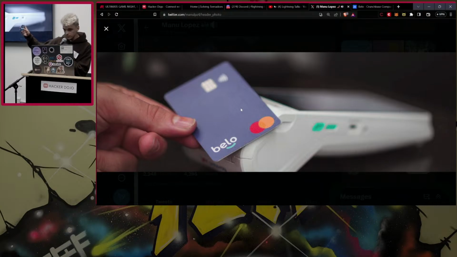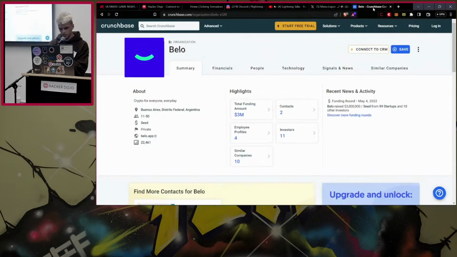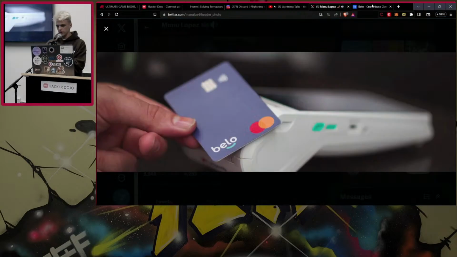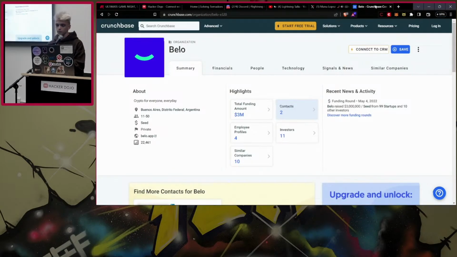That's the card. And we raised $3 million last year. But because of some differences with my co-founders, I left the company and I'm here looking for the next step, because I think I already solved that problem. So I'm looking for the next big challenge in my career. And that's it. Thank you.